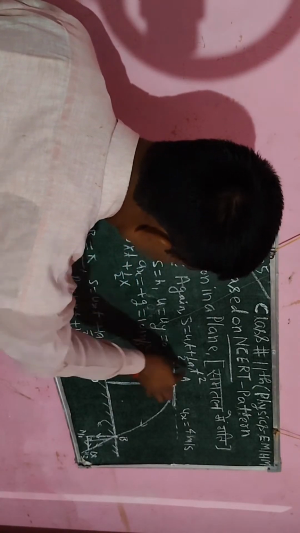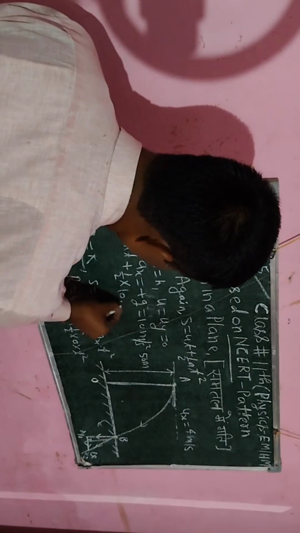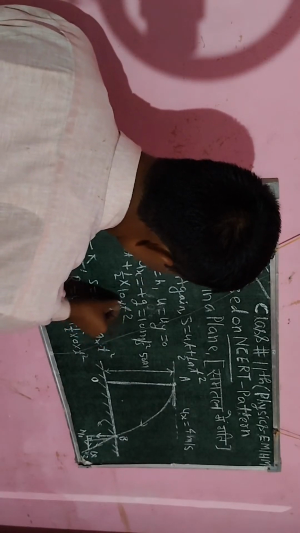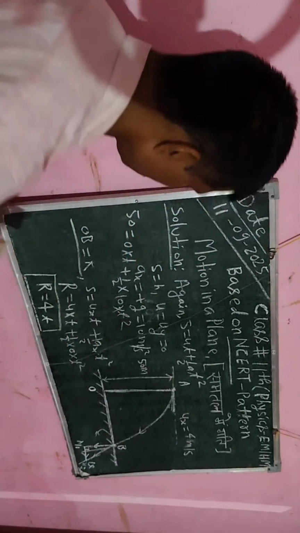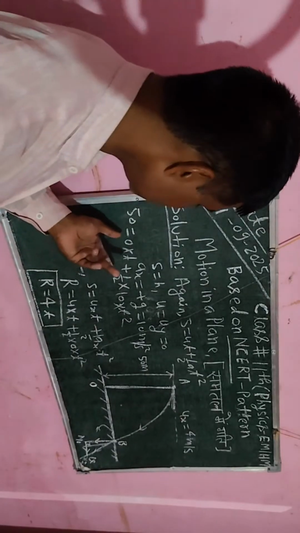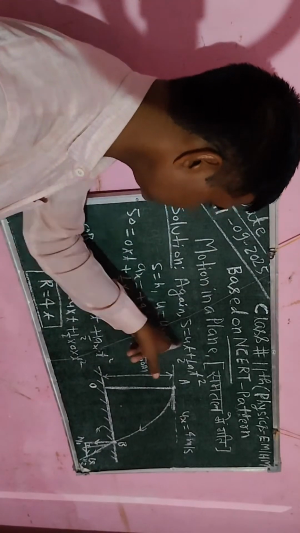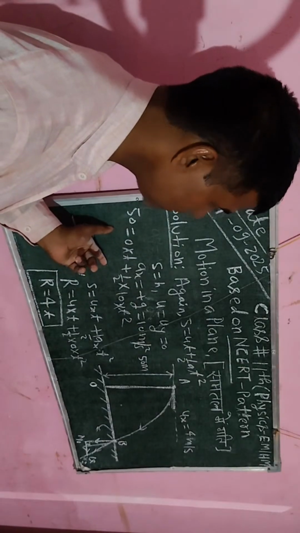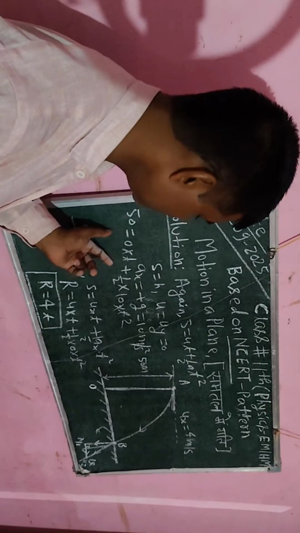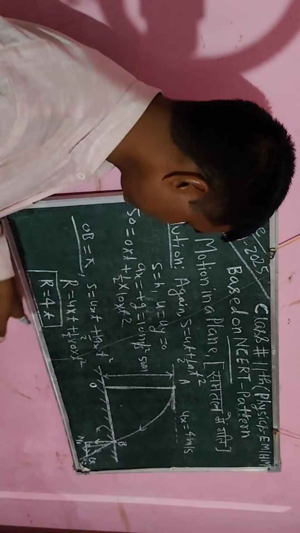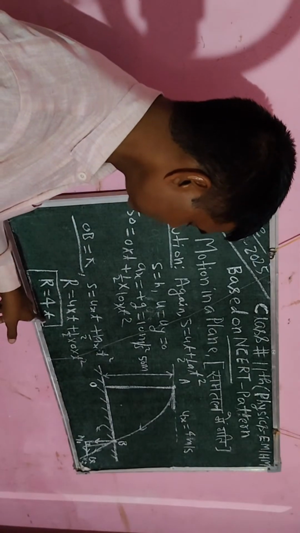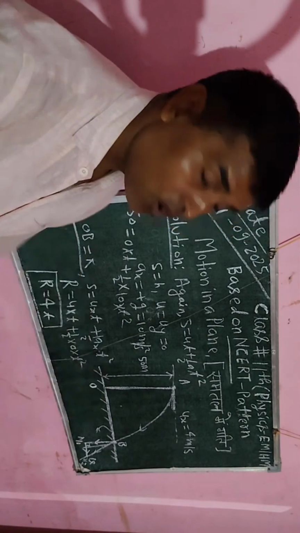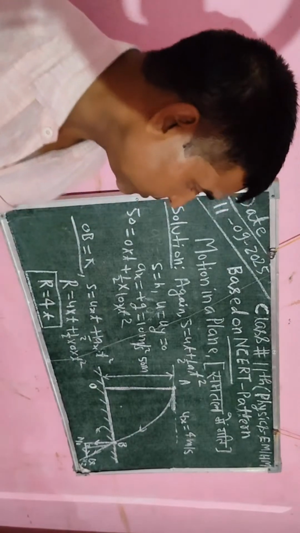In the place of a I have to put 10 into t square. Okay, so this is the information, and I have substituted in this equation, and then I will simplify. After simplifying, I will get the value of t, and that value I will substitute here. So after substituting, I will find the horizontal range of the projectile.